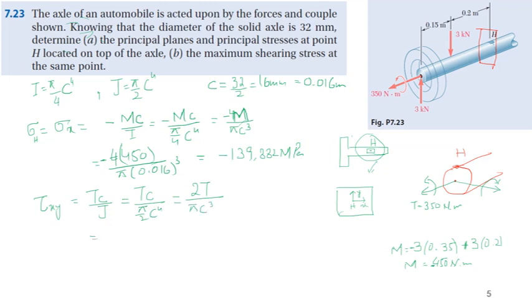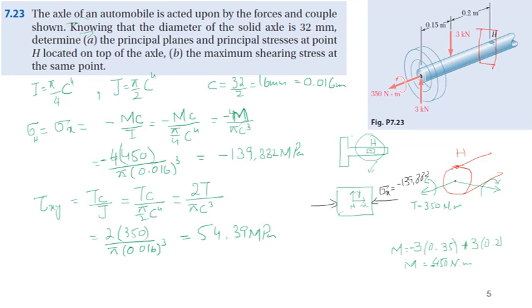So putting the values, 2 times 350 divided by pi times c cubed, 0.016 cubed, the shearing stress will be equal to 54.39 megapascal. Now if I draw on this element, we have normal stress sigma x, that will be minus 139.882 megapascal.